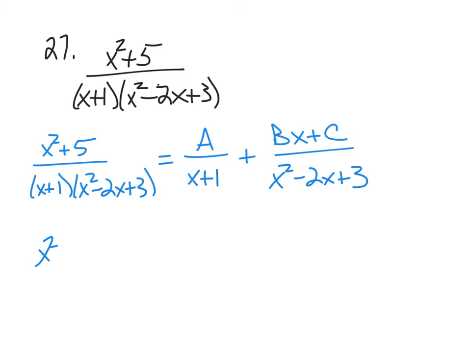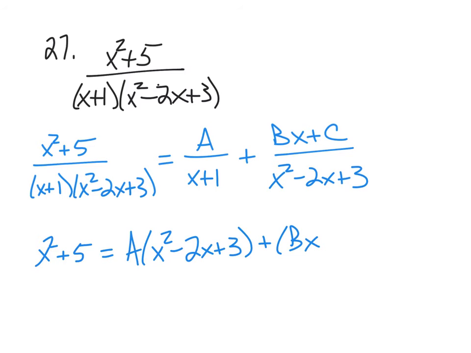So that's going to look like x squared plus 5, and then a times x squared minus 2x plus 3, plus bx plus c, and x plus 1. So I think these are much easier if you grasp the concept on that previous problem.